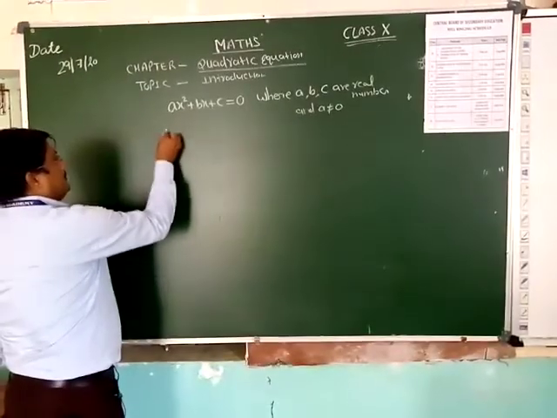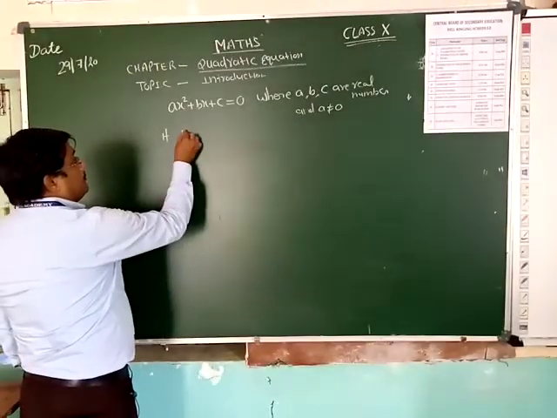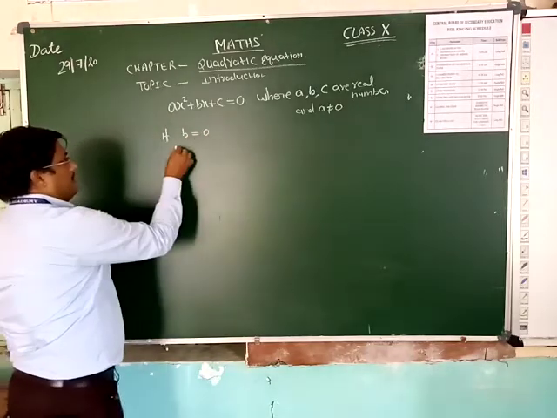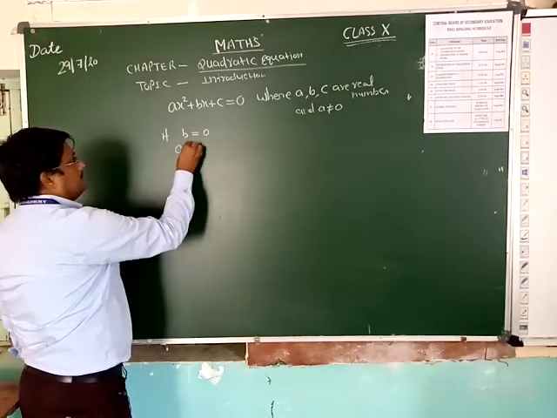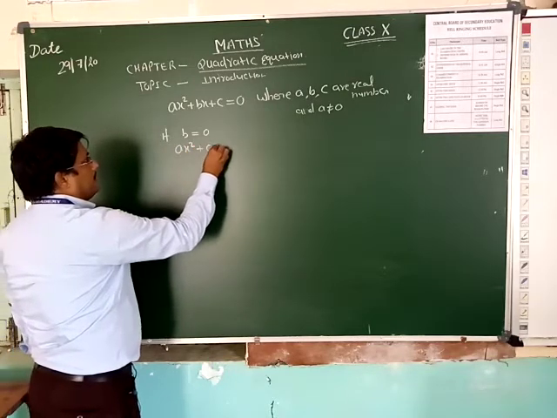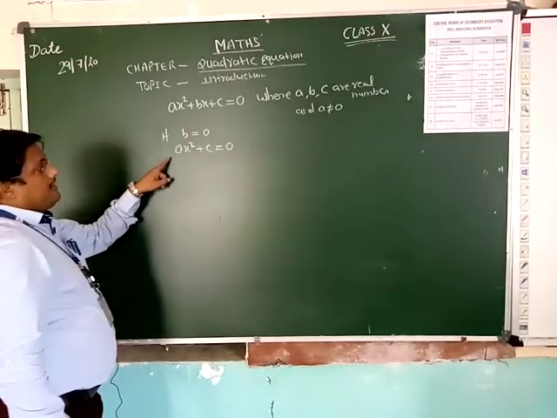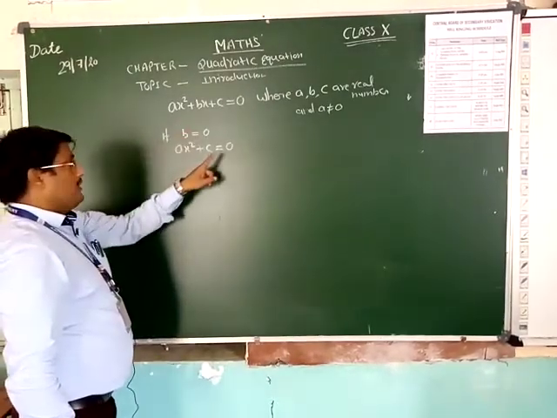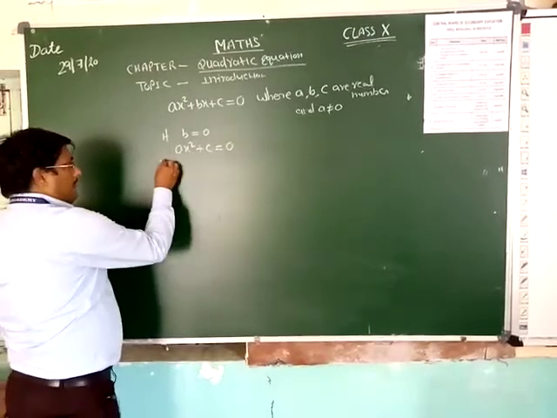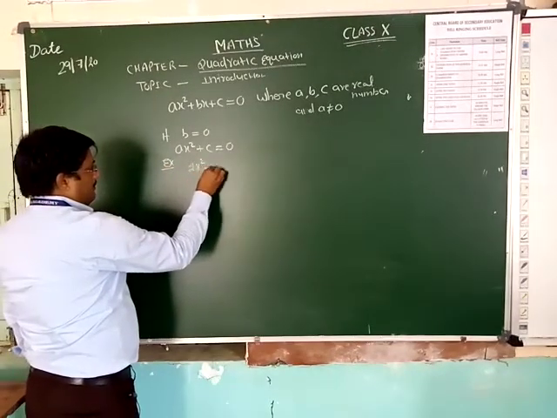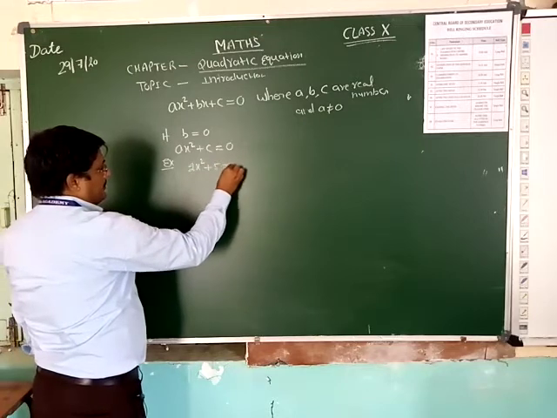Now, if b is equal to 0, the equation takes the form ax square plus c is equal to 0. It is also a quadratic equation when b is equal to 0. For example, 2x square plus 5 is equal to 0.